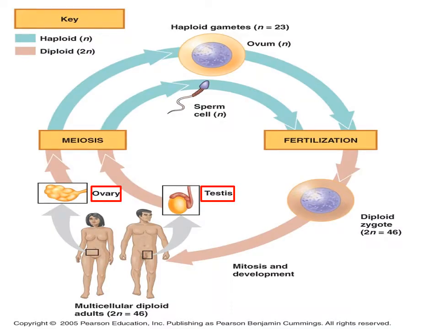In this image, we see the reunion of the haploid gametes to create a diploid zygote. So in the haploid state for a human, the sperm only has 23 chromosomes and the egg only has 23 chromosomes. When you reunite those two gametes, you will then have a cell with 46 chromosomes.